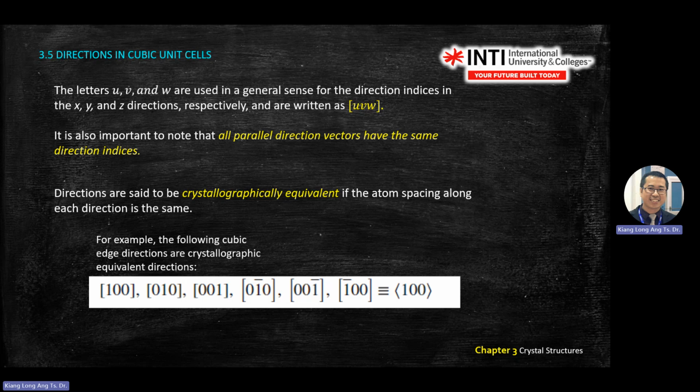So if I give you family 1, 0, 0, it means your answer can be any one of the 6 answers. Meaning inside your answer there should be a 1. It can move in X, it can move in Y, it can move in Z, it can move in the negative direction, but it is within the family of 1, 0, 0.